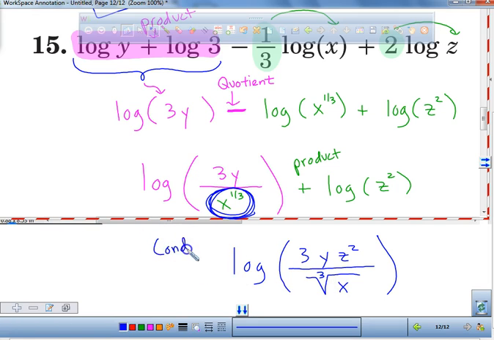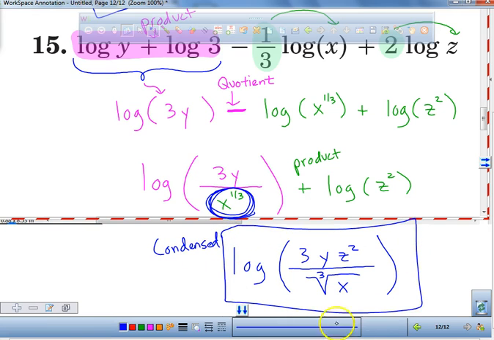This is 100% condensed. All right? So understand, these are the same thing. Okay, it's just written as a radical. All right? By the way, this question right here, if I gave you this question and said expand it, then guess what? That's your answer.